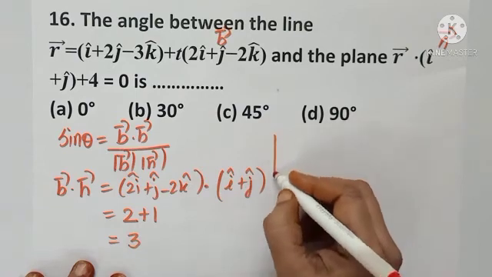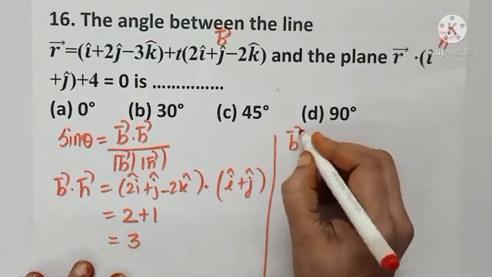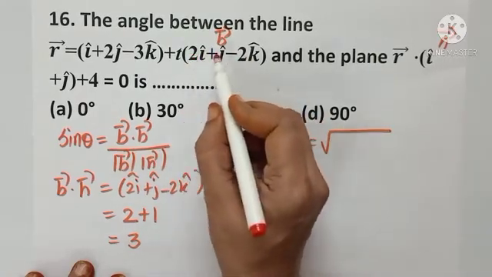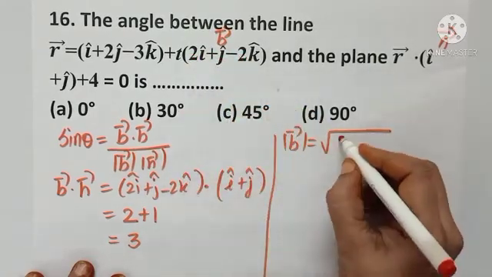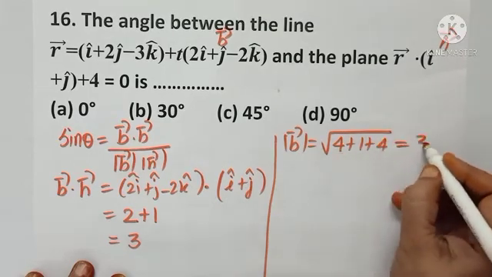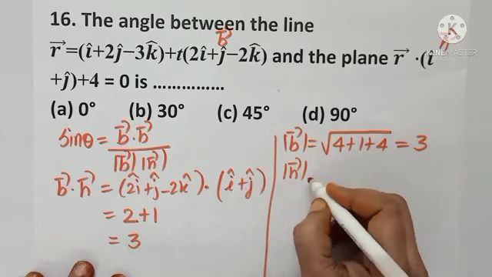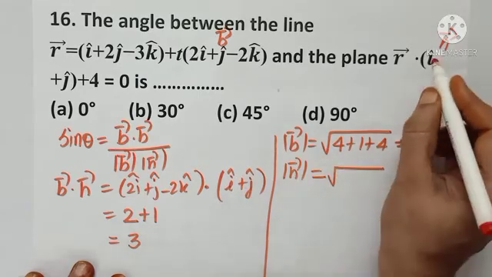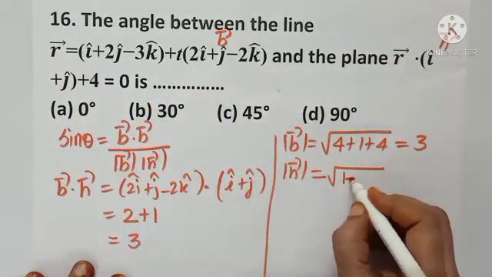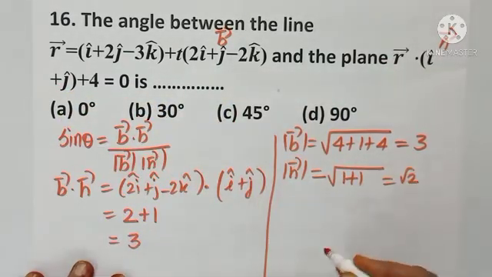What is modulus of b? Modulus of b is root of the squares of the components. 2 square, 1 square, minus 2 square. 4, 1, 4. Total 9, square root is 3. What is modulus of n? Again, root of the squares of the components. 1 square, 1 square. It is 1 plus 1, that is root 2.